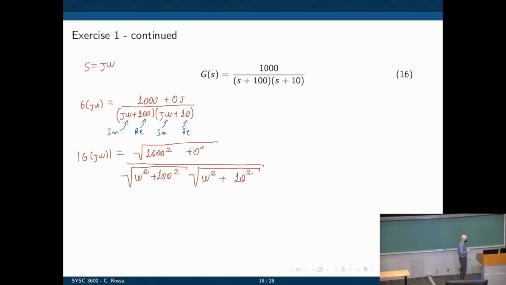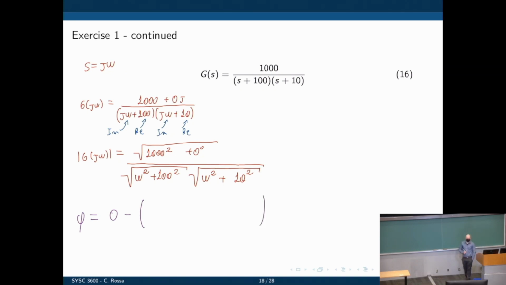The equation for the phase is the phase of all zeros. There are no zeros, so that's 0, minus the phase of all poles. We have 2 poles.